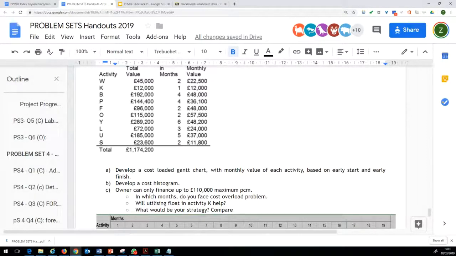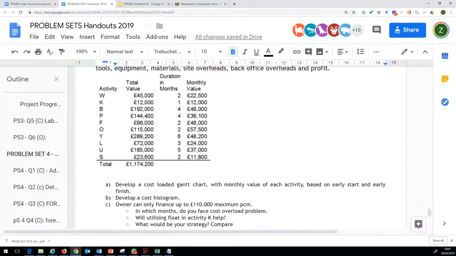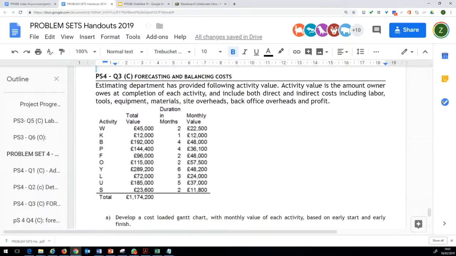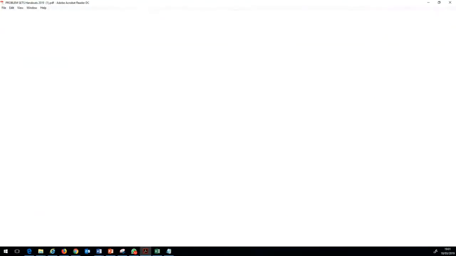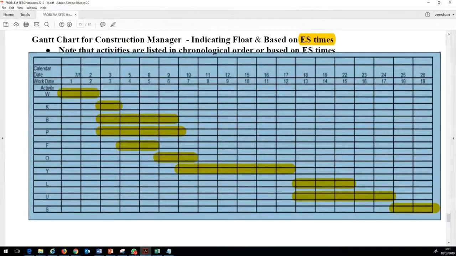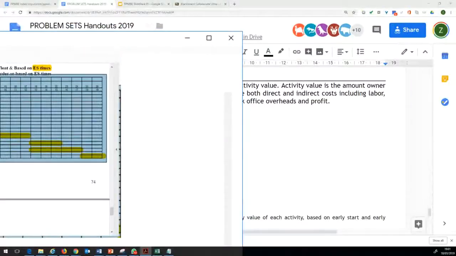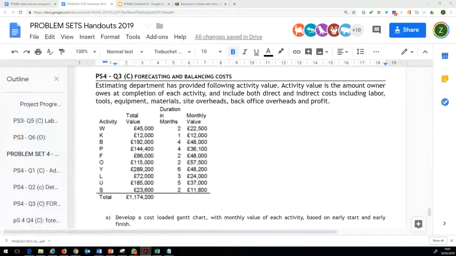So I think if you could browse through question 3 part C, and I will see if it's possible for me to open the editable version within Adobe PDF. So just read through it and give me 2 or 3 minutes, so I can see if I could open up another version which will allow me to edit.